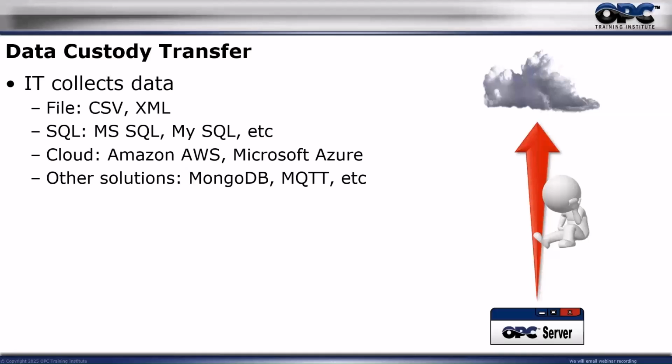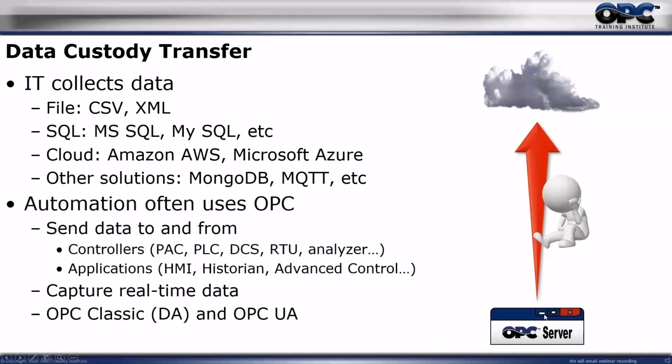Maybe you're storing data in the cloud via Amazon AWS or Microsoft Azure or some other platform. You might even go to a NoSQL database like MongoDB, or maybe you're sending it to MQTT or somewhere else. The point is, this is all owned by IT. So somewhere out there, this stuff over here is owned by IT.